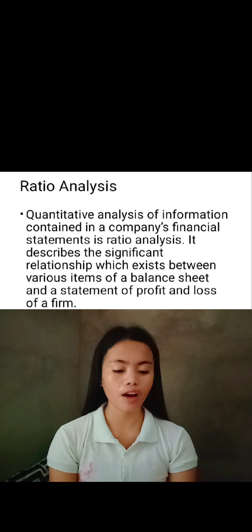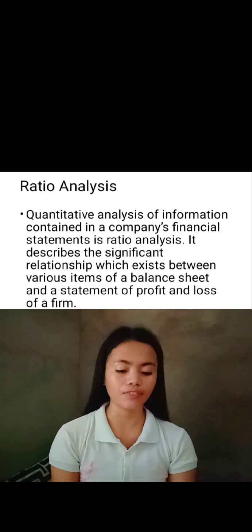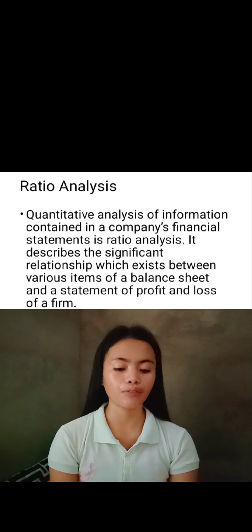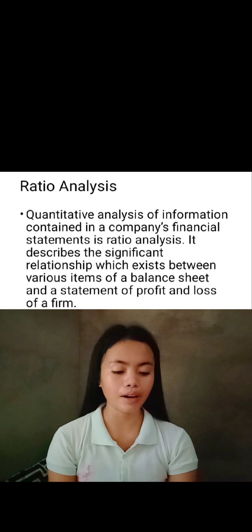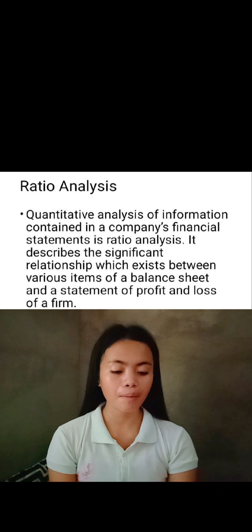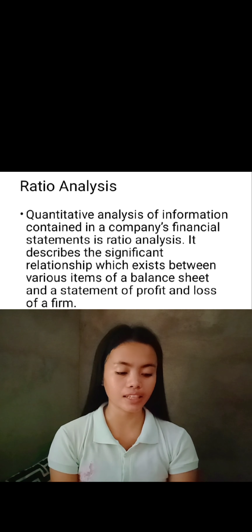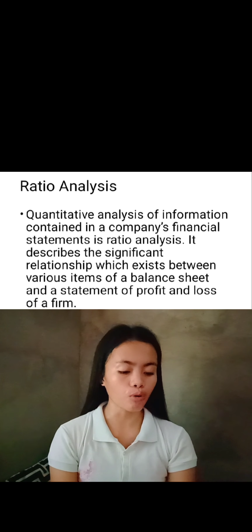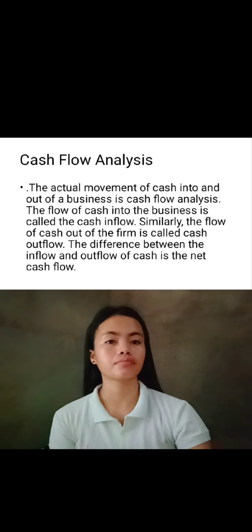Because if you have debt, you should have enough assets to pay the debt. And if you have interest, you should have enough income to shoulder the interest expense. That's what we call ratio analysis. You need to know what percent your debt is of your income.